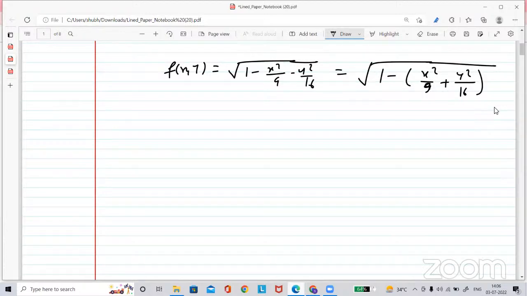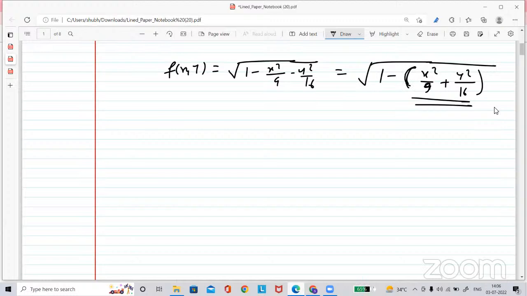Let us call this something. When the value of this something is negative, like minus 1, minus 2, minus 3, minus 100, minus 1000, the value of the square root increases.